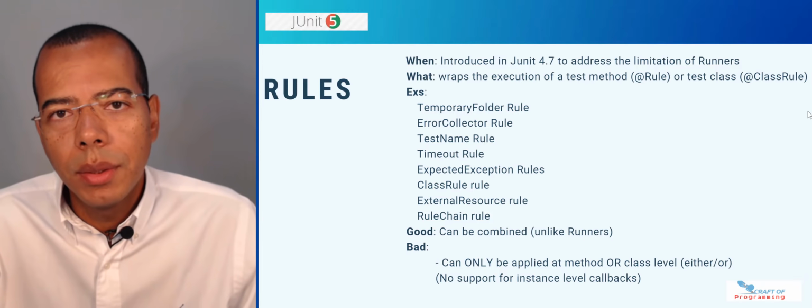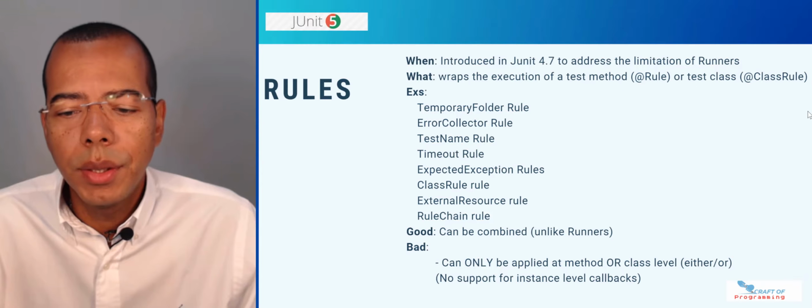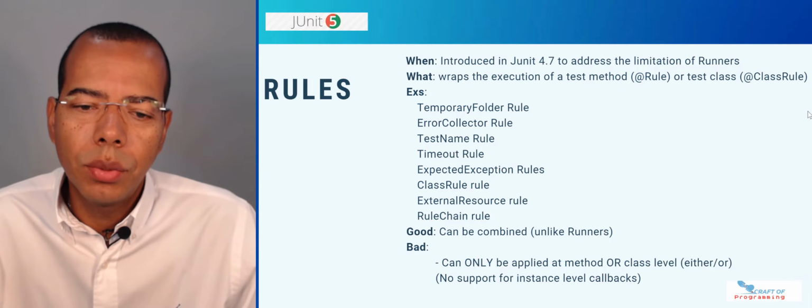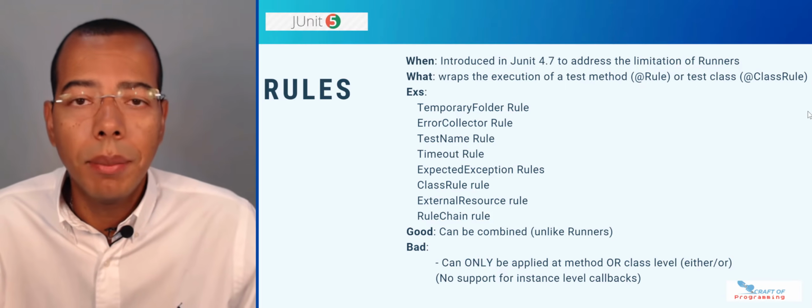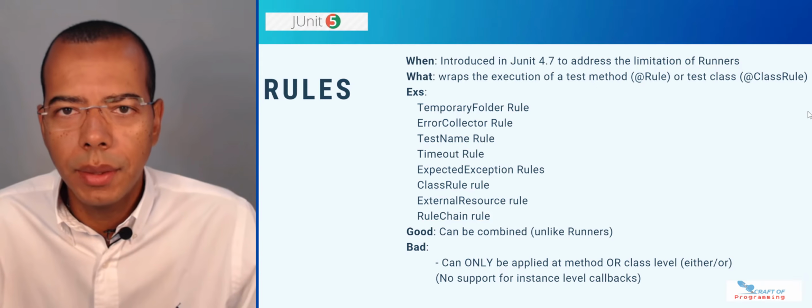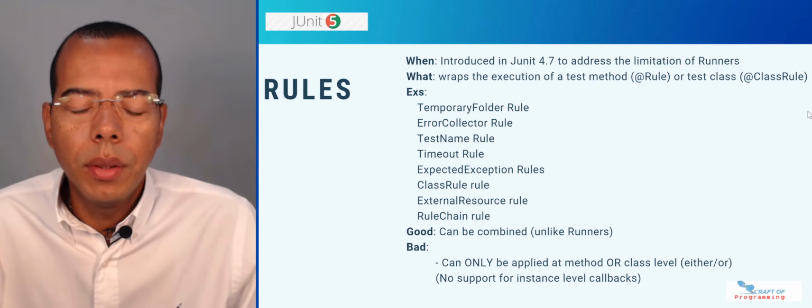The shortcoming with rules, as you can see, was that you could apply a rule either at a method or at a class, but not both. So this was a shortcoming of rules.